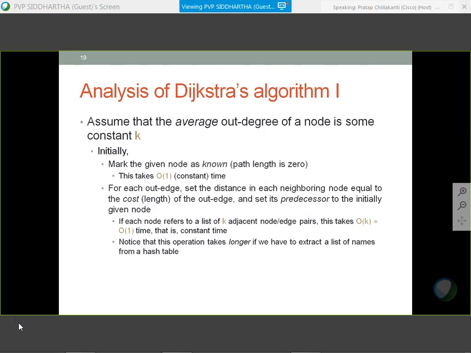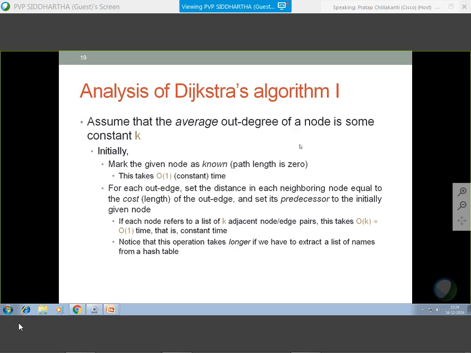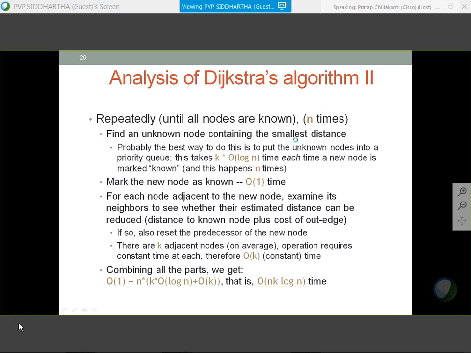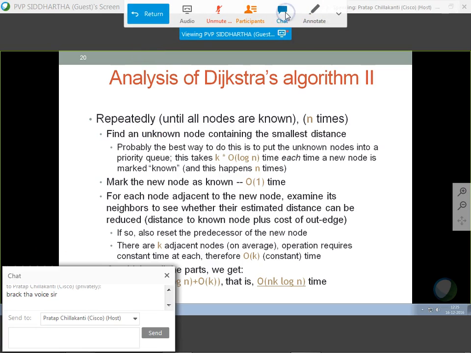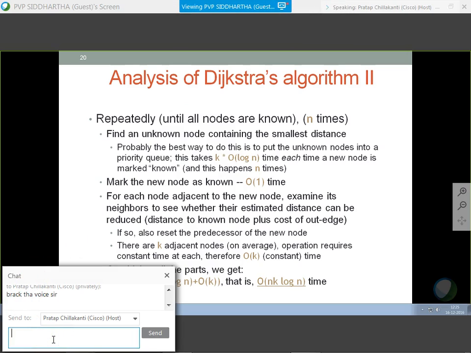Go to the next one. As I said, we'll come back to the analysis of the algorithm later. Go to the next one. I wanted to do one more slide and then we can wrap it up.